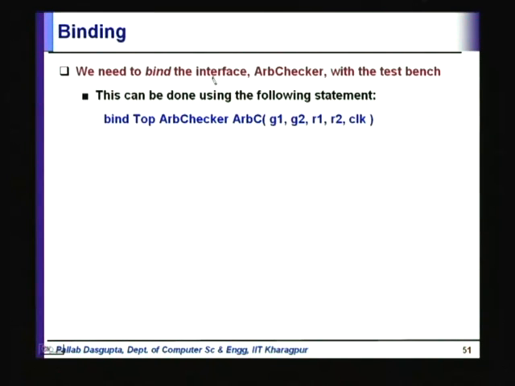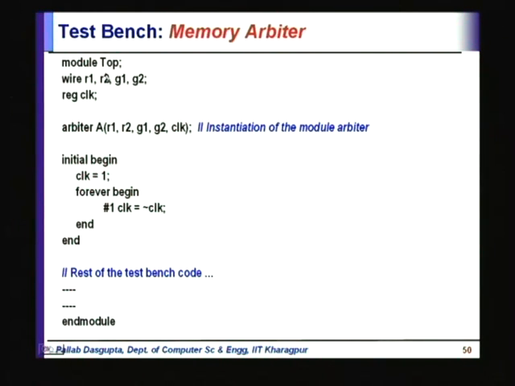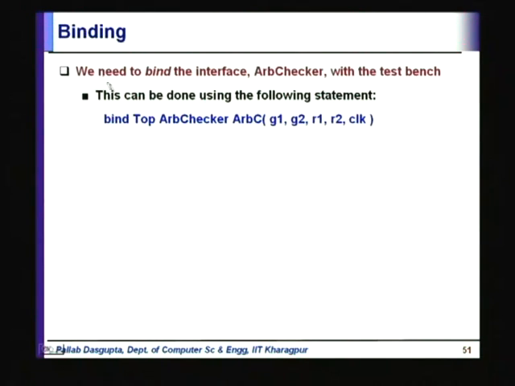Now, to bind the interface arb checker with the test bench, we use the bind statement. So, this says bind the arb checker with signals arb c, g1, g2, r1, r2, clock with the top. Now, this statement is actually binding this with this top, all right.